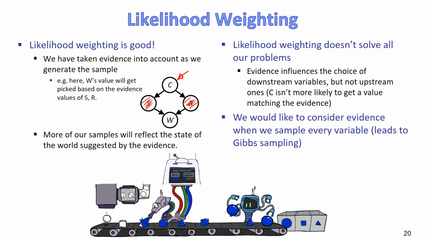You will hear about Gibbs sampling a lot. But now you know at least the disadvantages of the previous methods, and you know that Gibbs sampling is a solution to them.